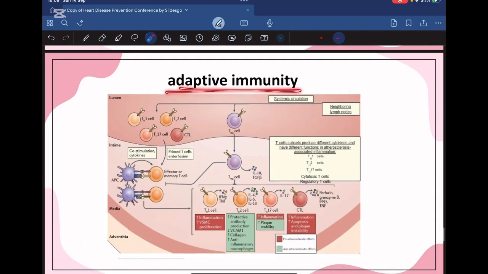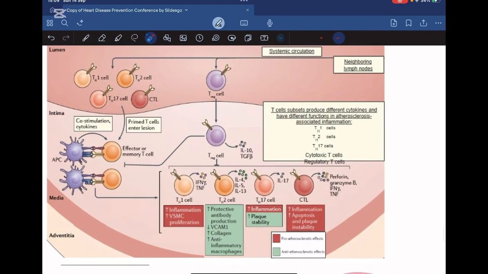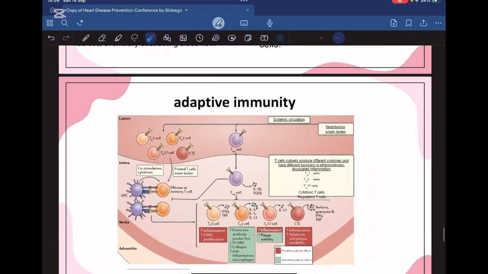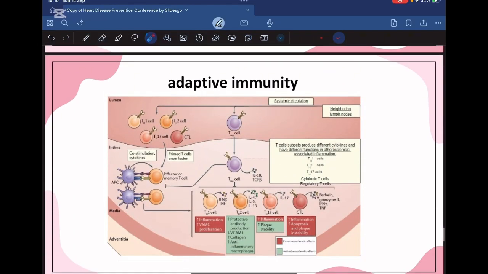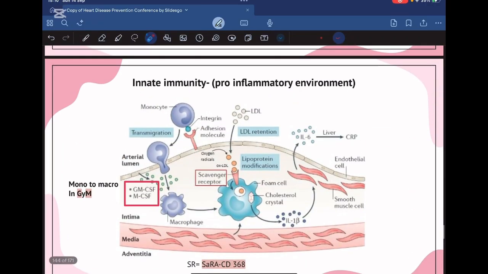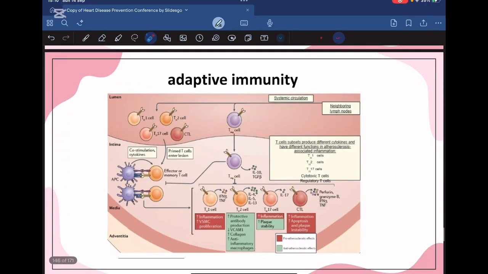Now for adaptive immunity is very easy, and what differs from innate immunity is that adaptive immunity will call the T cells. The T cells will give us CD4 and CD8. CD4 هيعطونا T helper cells. The T helper cells are responsible for certain things, but I need you to know that in the innate it's actually doing the inflammation, but in the adaptive it is stabilizing the plaque. Each T helper cell, as was mentioned here, has its own role.